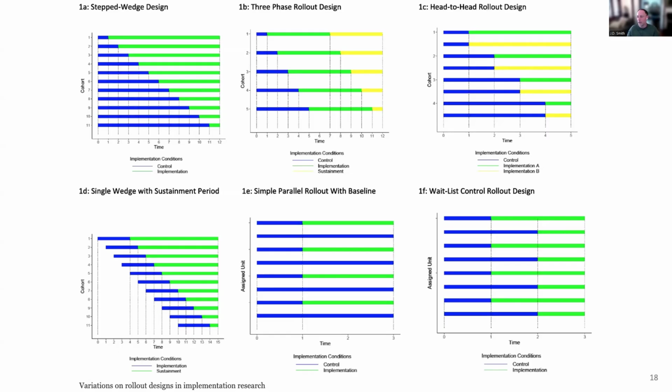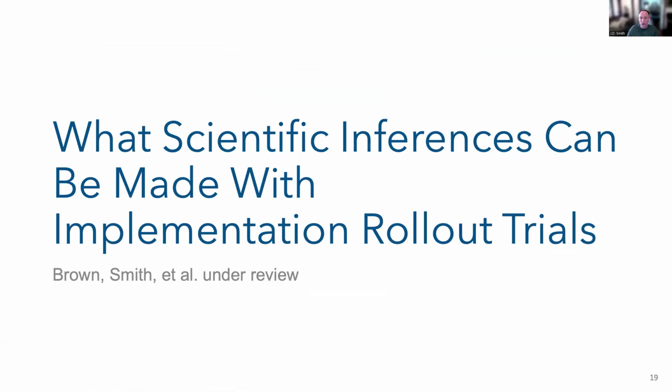Where at the end of this, if the intervention or the implementation is effective, the control sites then get the implementation, but at that point it would be just a wait list where you wouldn't analyze that data after the fact. You also have the waitlist control on the right-hand side essentially is that extension of that design. So these are pretty basic. I'm going to talk about some more examples that get a little bit more complicated or can help you answer slightly different research questions than that.